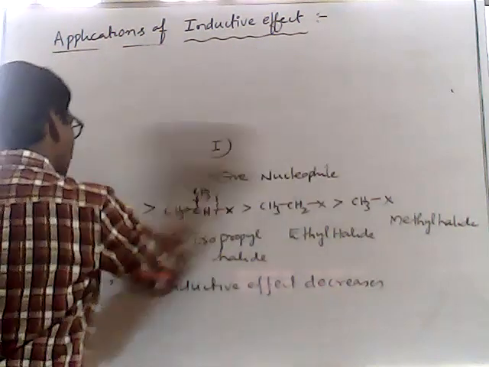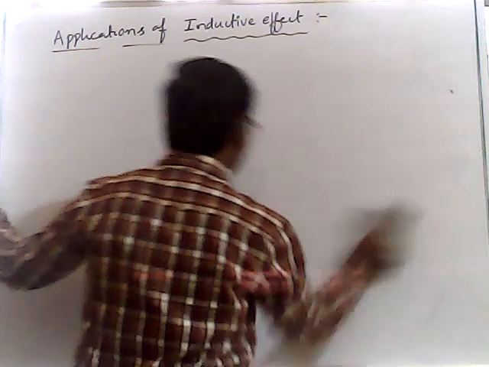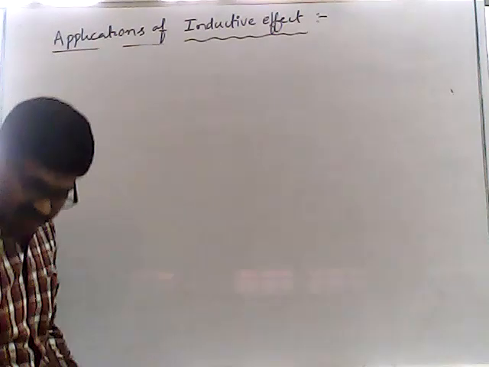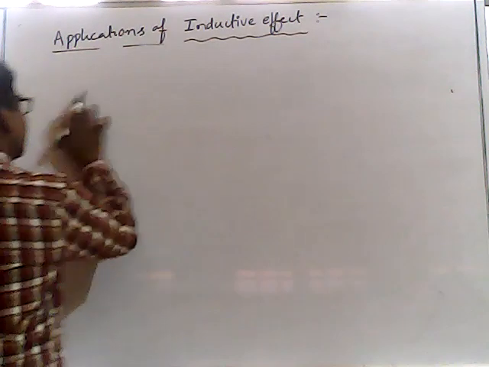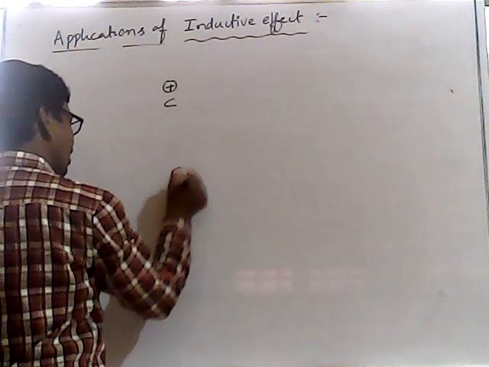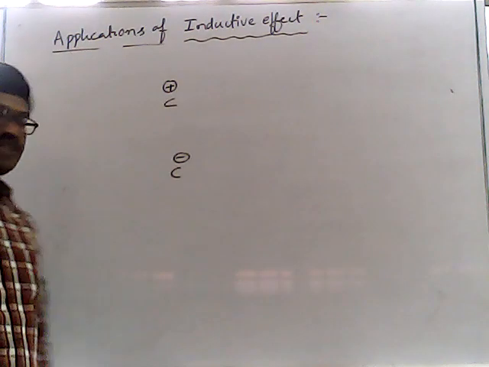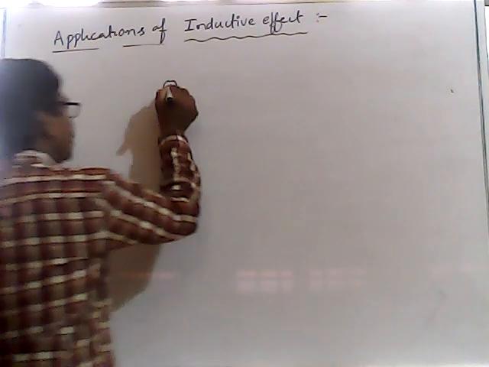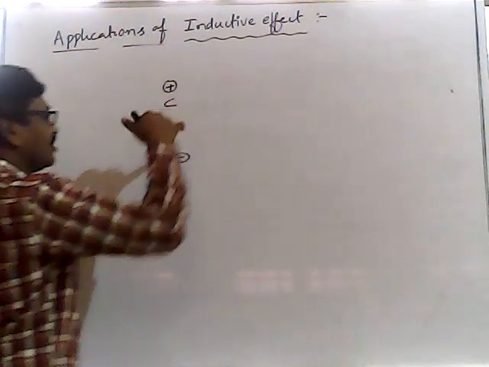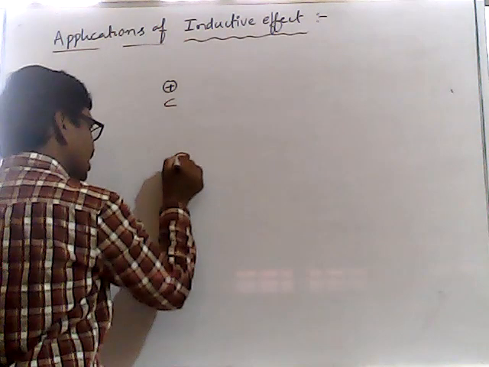Similarly, we can explain stability of carbocations by using inductive effect. Whenever any charged species is produced, charged species means maybe positive charge on carbon or negative charge on carbon. The positive charge produced, if compensated more, means it must be decreased. Here on this carbon there is a negative charge.